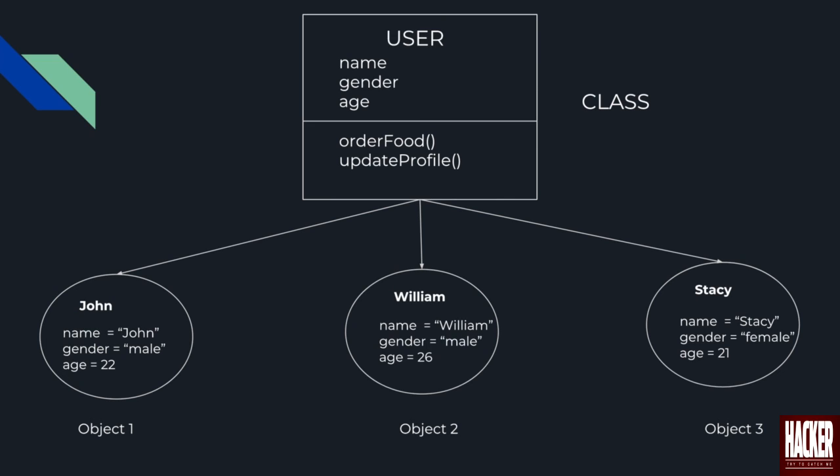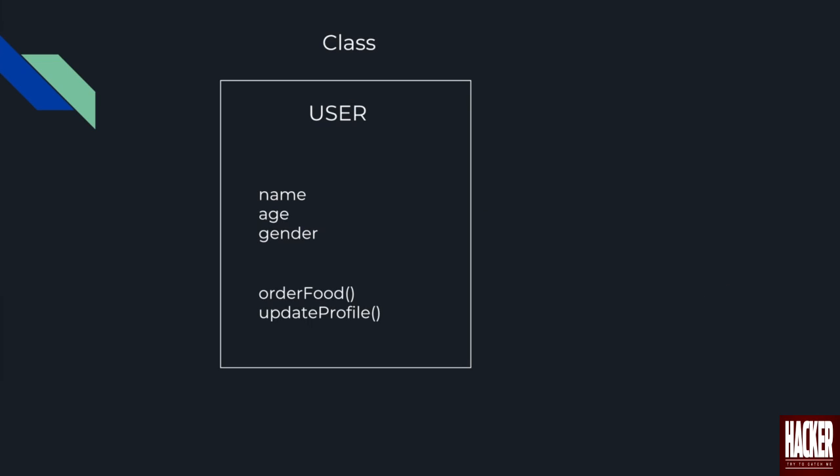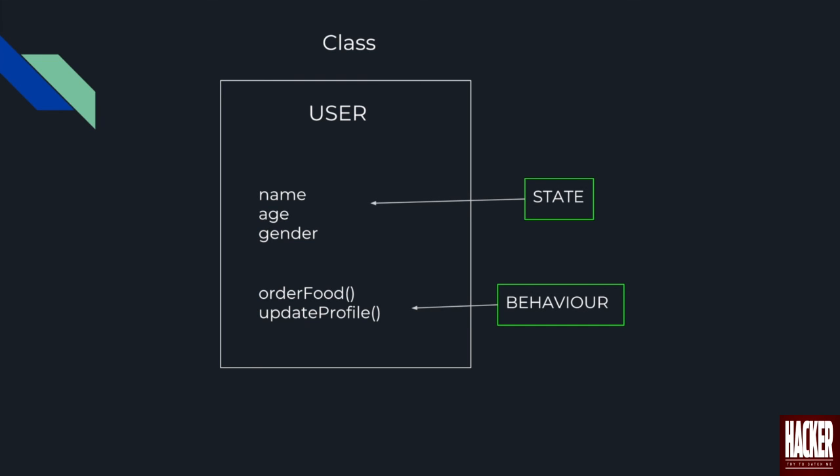Now let's take a look at the user class. This is what a user class will look like. You can see the states and the behavior defined. The states can be defined using variables. So a class uses variables to define the state for an object, and behavior is defined using methods.